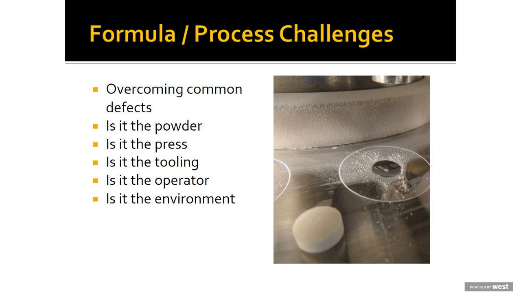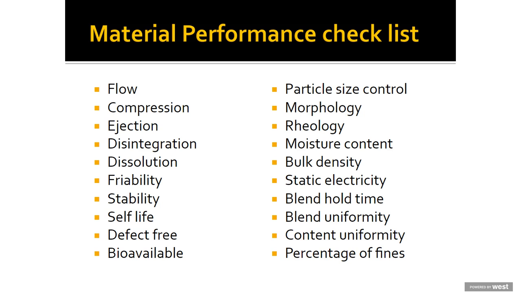So when I overcome problems, I have to be able to separate the issues. Is it the ingredients, the powder, the press, the tooling, the operator, the environment? Got to look at each one separately and figure out what's going on. When I think of all these metrics here, flow, that is weight control, limiting the variation of tablet weight.